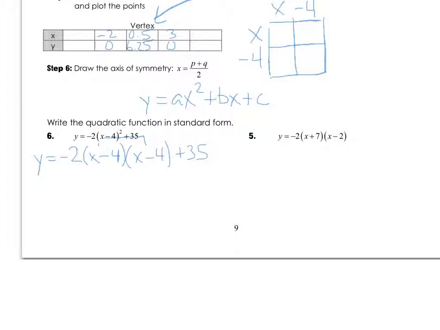The first box is x times x, which is x squared. x times -4 is -4x. x times -4 is -4x. And -4 times -4 is +16. So the product of these two binomials is x squared minus 4x minus 4x, which is minus 8x, plus 16.